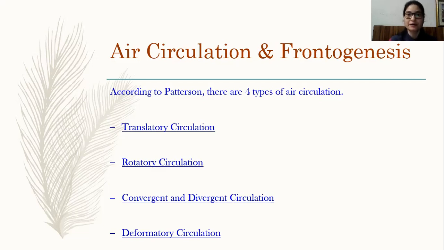Some of them are helpful for the creation of the fronts, some of them are not, but there are temperature differences when we talk about these circulations, like translatory circulation given by Patterson, rotatory circulation, convergent and divergent, and deformatory circulation. So these air circulations are given by Patterson, and he has tried to explain this with the help of a diagram also.